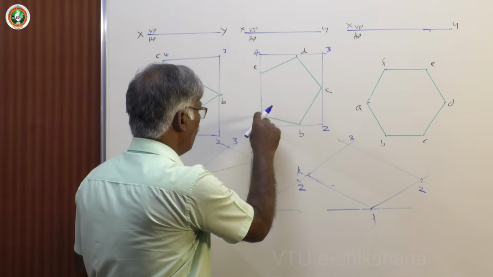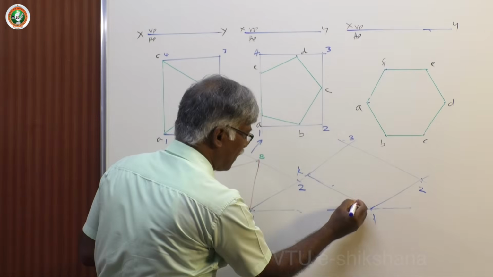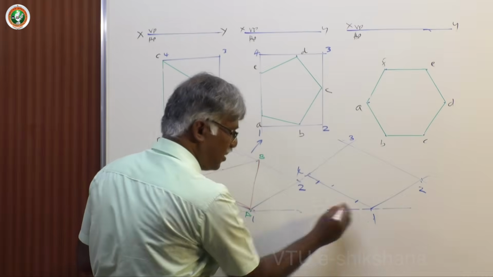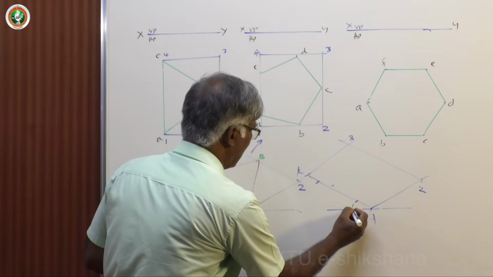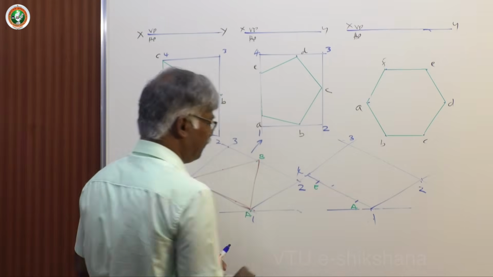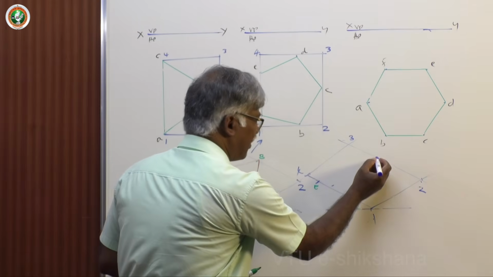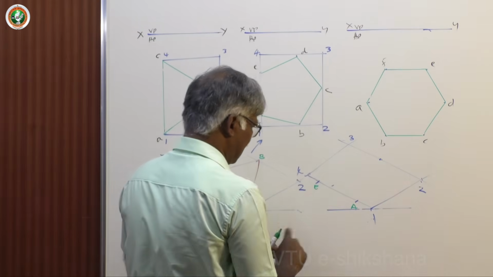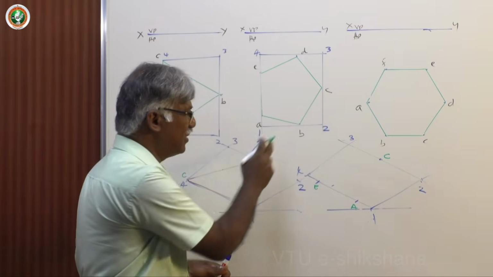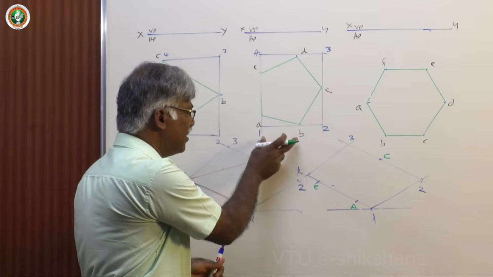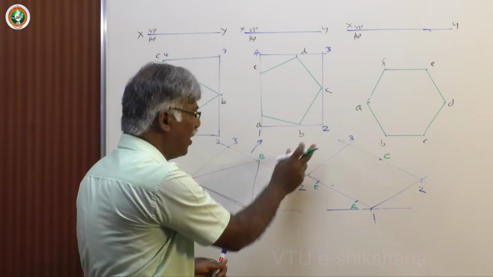Now you take 1A equal to 4E. This is 1, this is A, this one is E. So the midpoint is automatically giving you C. What about this? B is not the midpoint. This is biased towards 2. You must take the distance AB or 2B and mark accordingly.